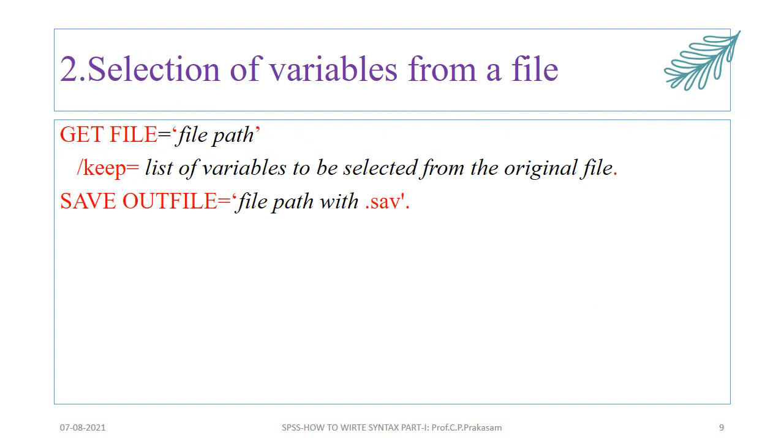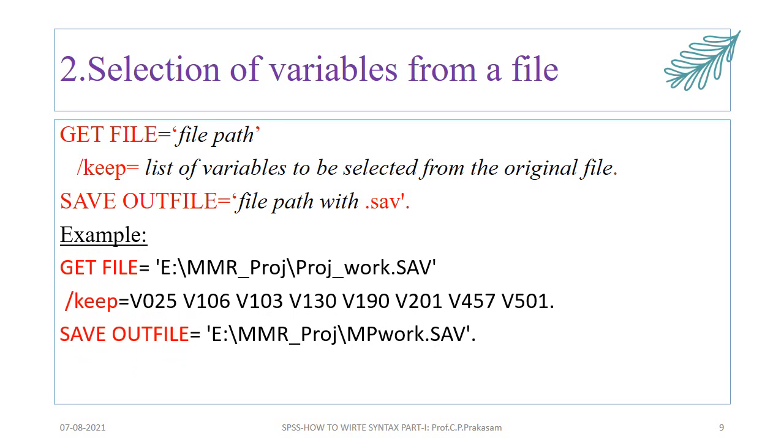Once you have given this command, we have to select variables from the file which you have selected. Again, GET FILE path and /KEEP equals to, that is the command, a list of variables to be selected from the original file. Then again you have to save the out file into a file path with .sav. You can see below.